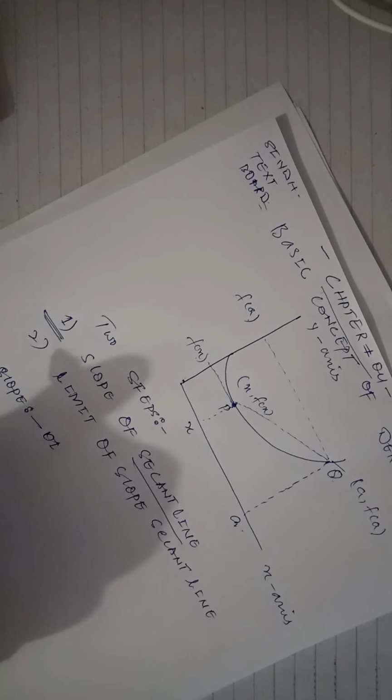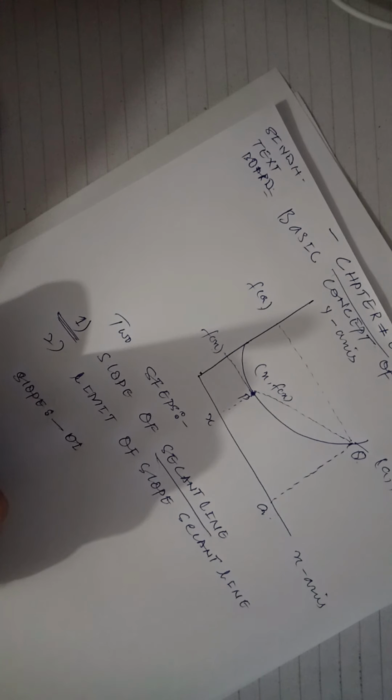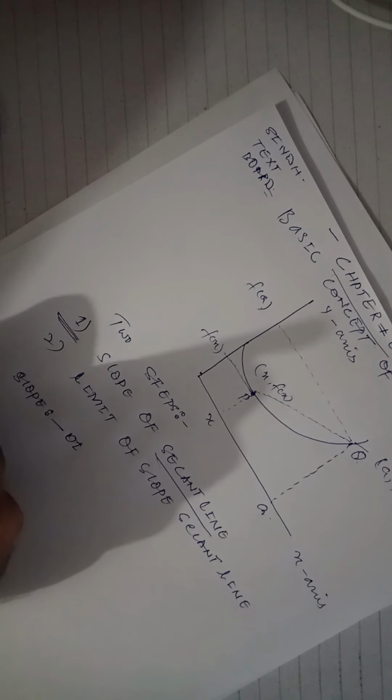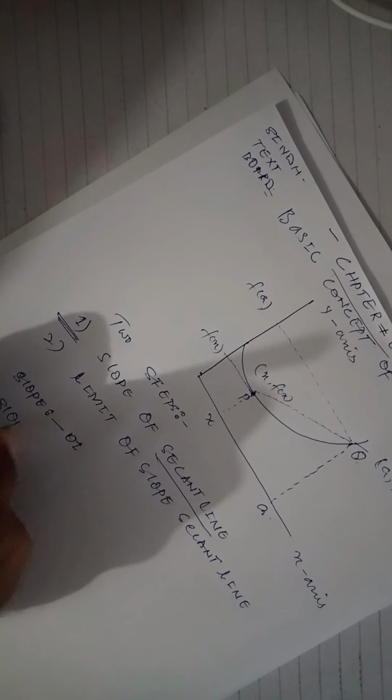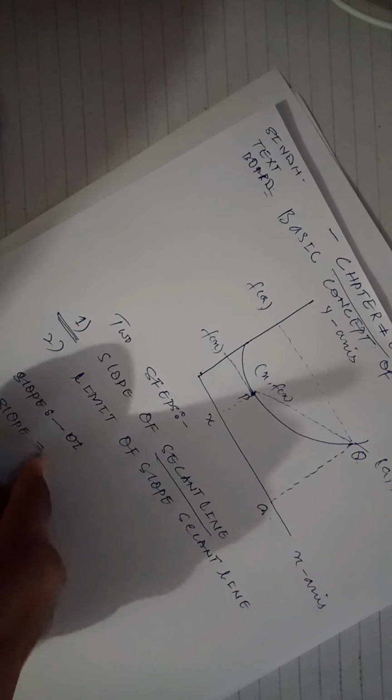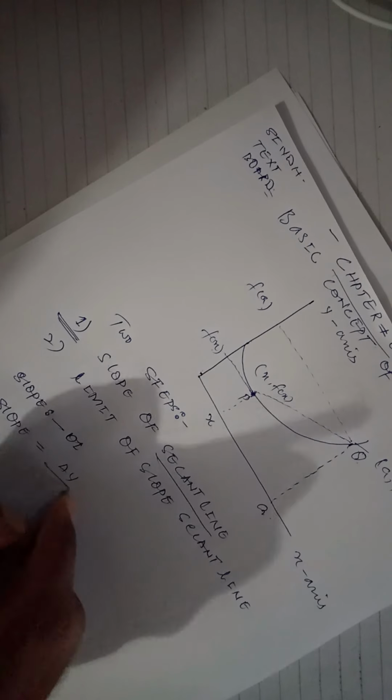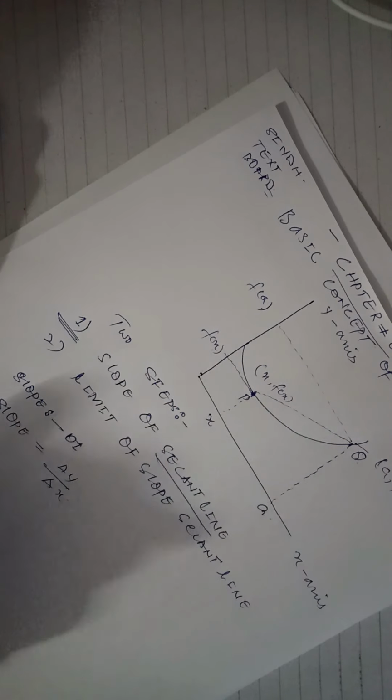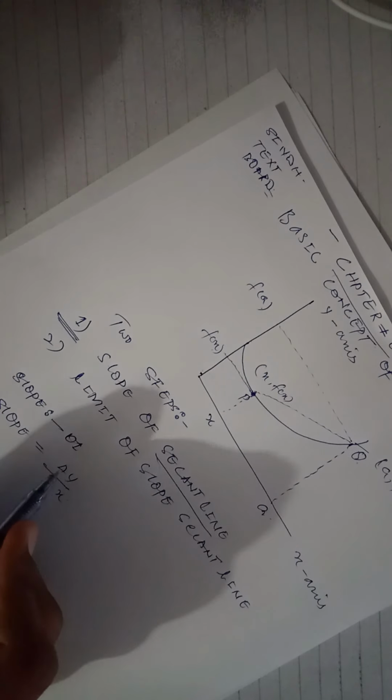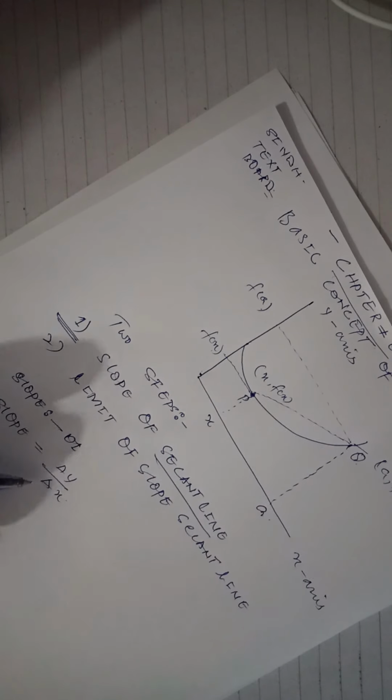Now we will find the slope. The slope is equal to delta y divided by delta x, where delta means the change in y and the change in x.